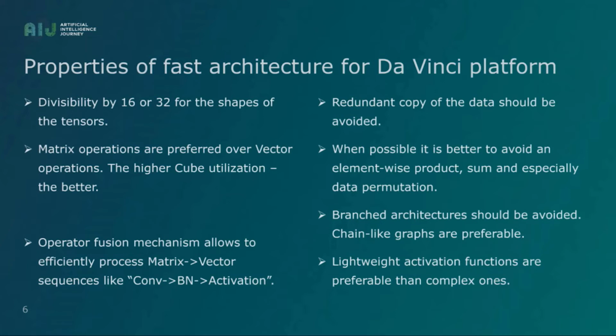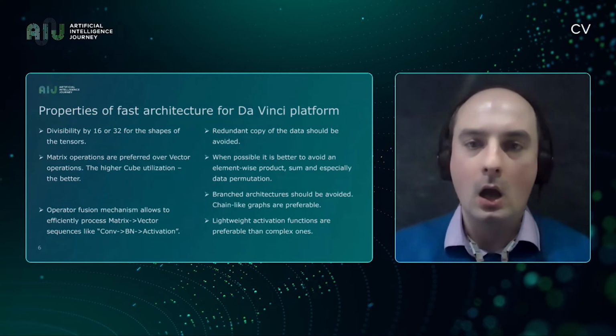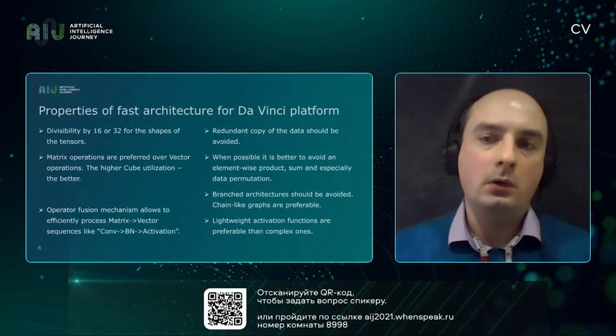There is an exception: operator fusion mechanisms allow you to efficiently handle a sequence of operations from matrix to vector. Such sequences are carried out efficiently, and you can lead them to batch norm and activation.